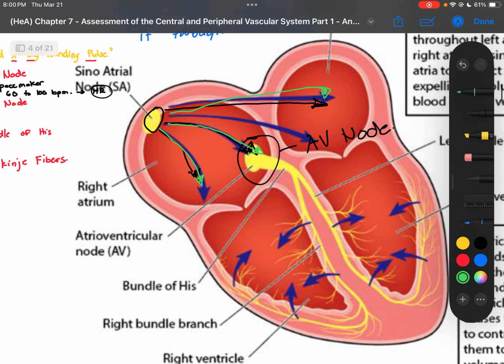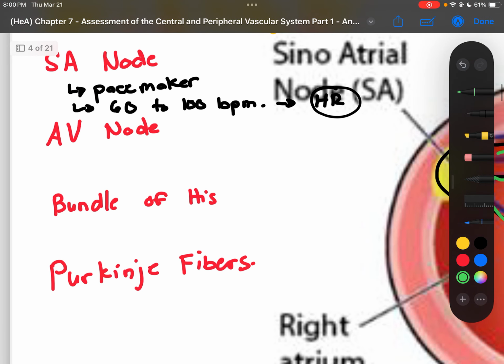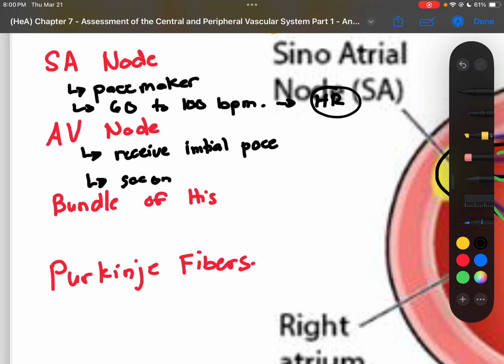The AV node is the one that will receive the initial pace. That's why it is also known as our secondary pacemaker. However, the SA node is still the primary.